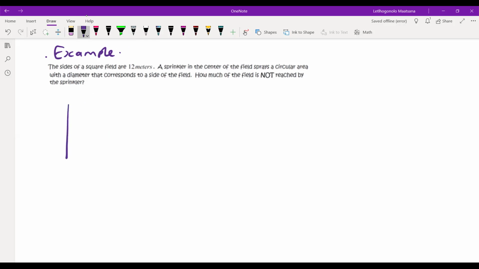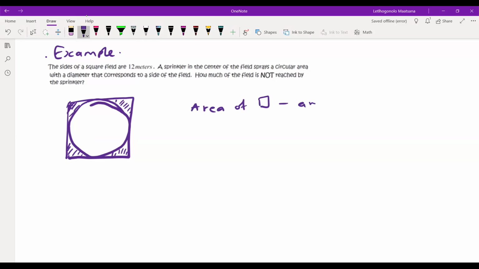So let's imagine that we have a square that encloses a circle. The parts that are not reached by the sprinkler are the corners. To get the area of that, we would say the area of the square minus the area of the circle. The area of the square is given by side multiplied by side, and the area of the circle is pi r squared.